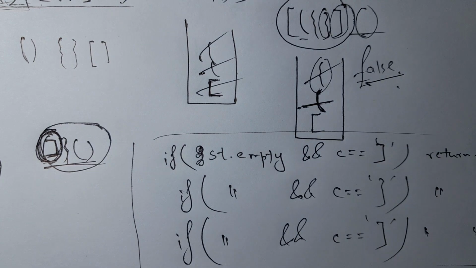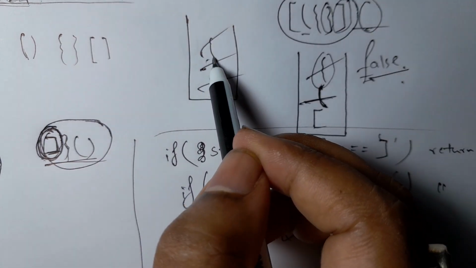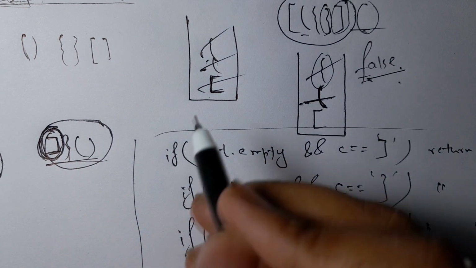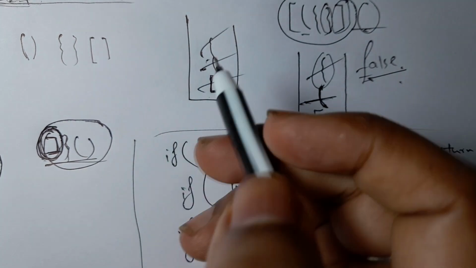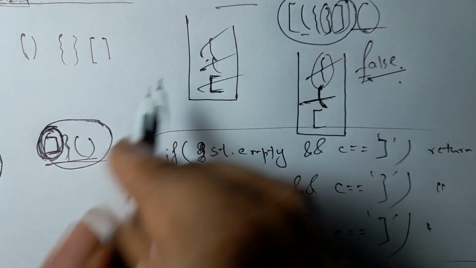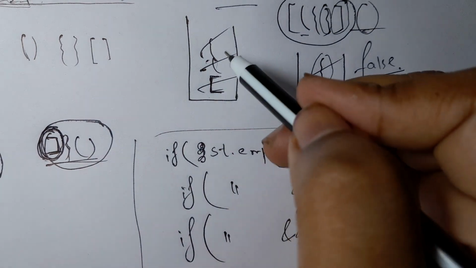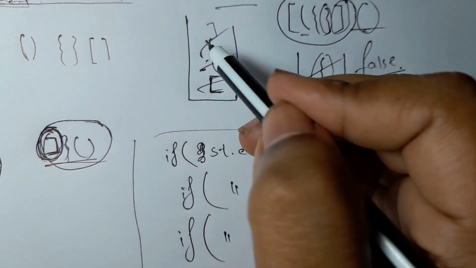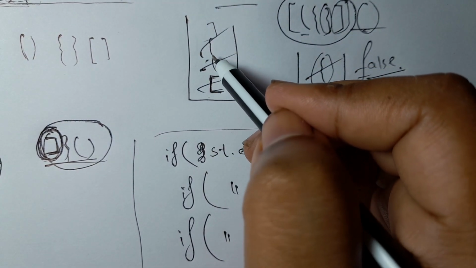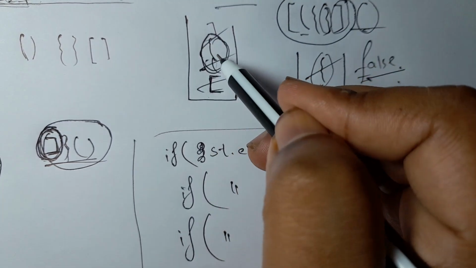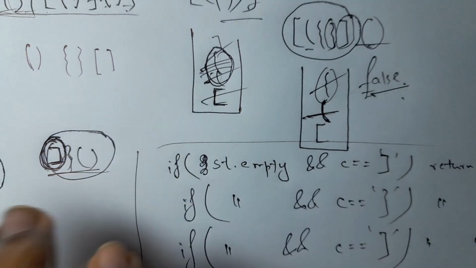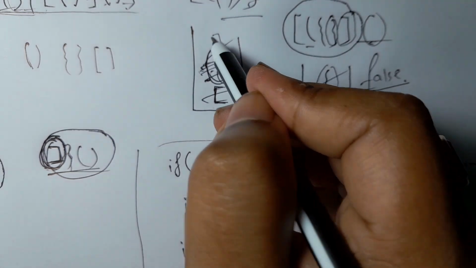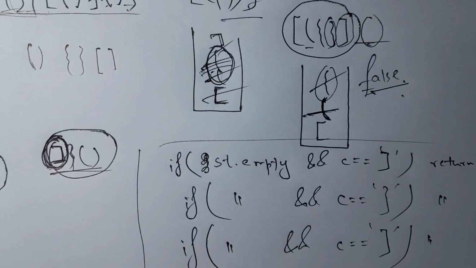So I cannot say that my closing third bracket will not come, because my string has not ended yet. At any time my closing bracket can come, and at that time this much can be eliminated. This is the main concept.